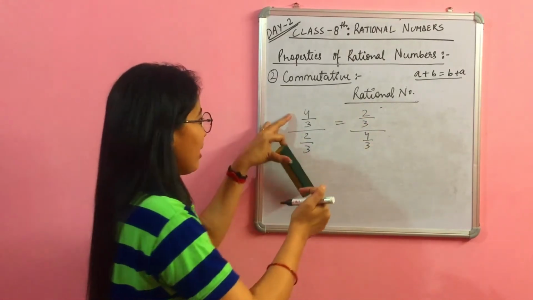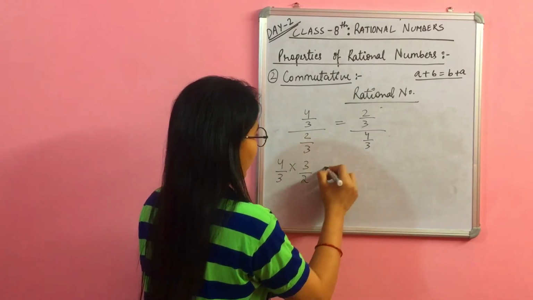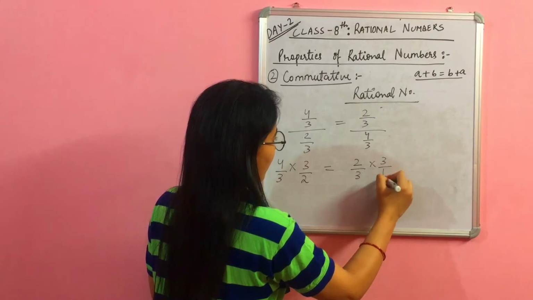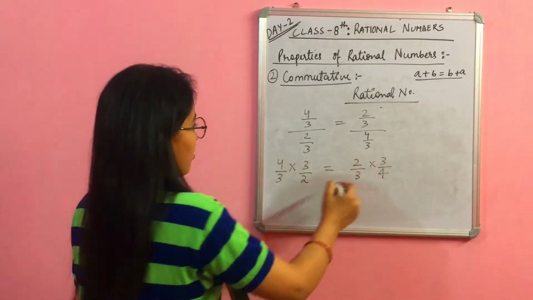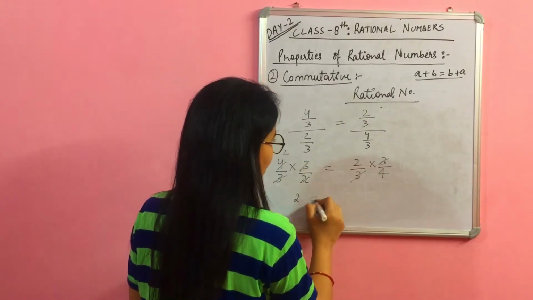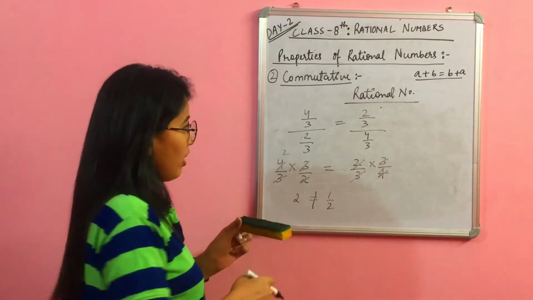If I just simplify these terms, I can write it like this, right? Similarly, this one also. This 3 will cancel out. This will be 2 is equal to 1 upon 2, which is not equal, right?